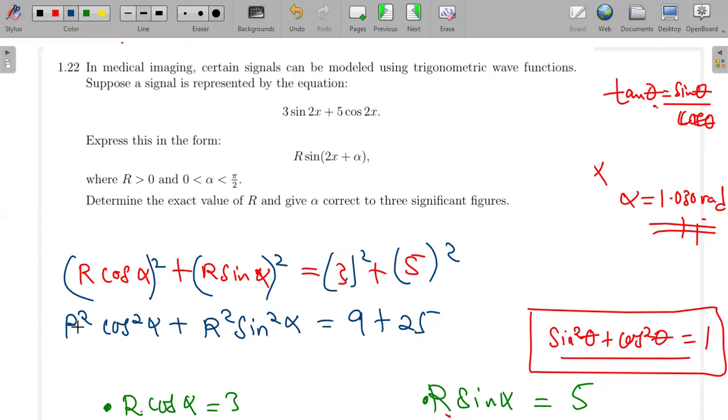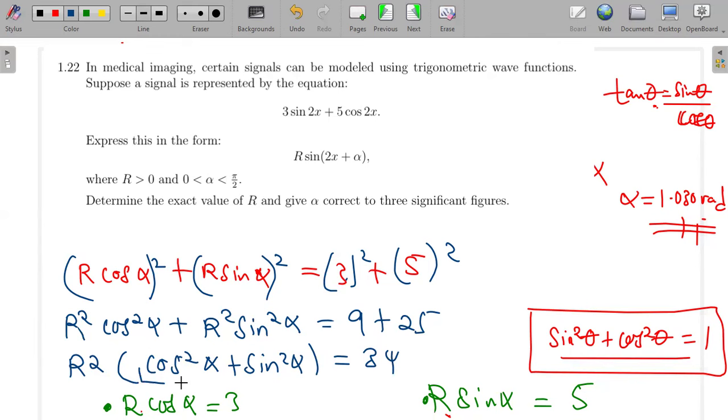So we see now that the r squared is common between these two. So I'll say r squared, and then in the brackets you see that I get this identity: cos squared alpha plus sine squared alpha equals 9 plus 25, which is 34.